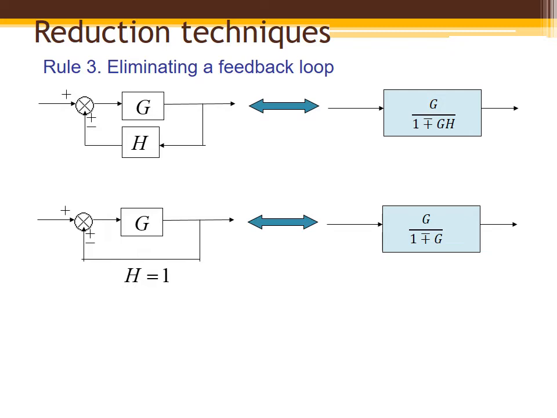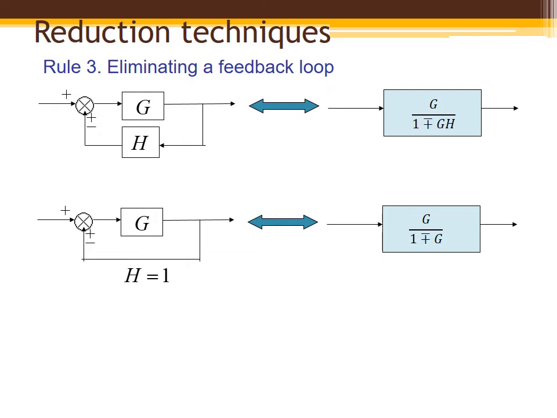We have already seen that the transfer function of a closed loop system is G upon 1 plus or minus G into H. The plus or minus sign depends on the type of feedback.